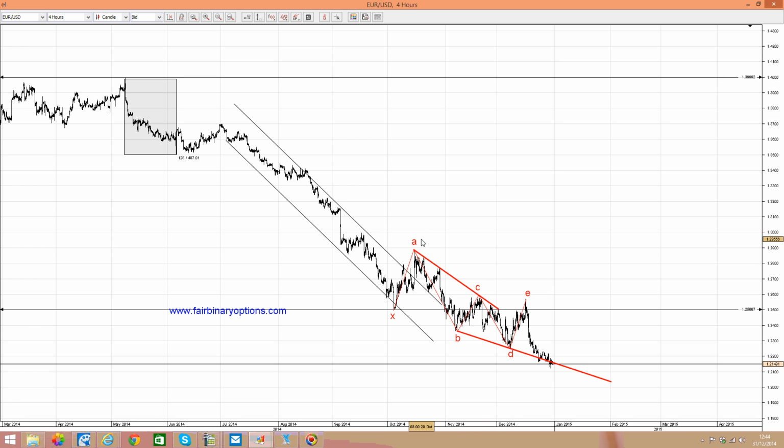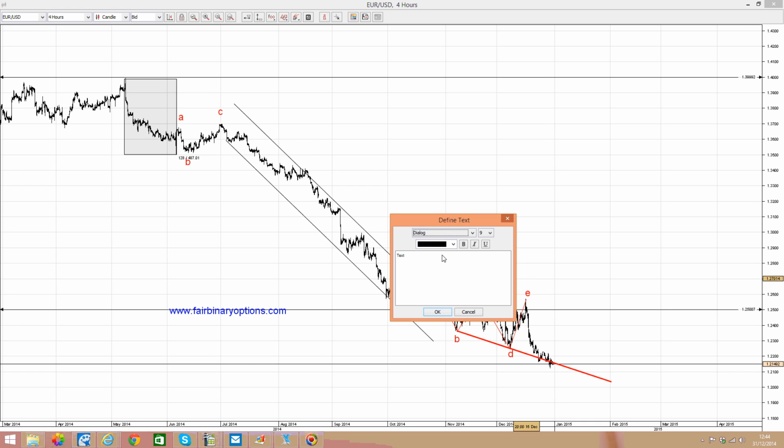It should be labeled as A, the first bounce there, then the B wave, and the C wave all the way to the upside, A, B, C, X, A, B, C, D, E. Normally, this should be a second wave in the form of a double three running complex correction.